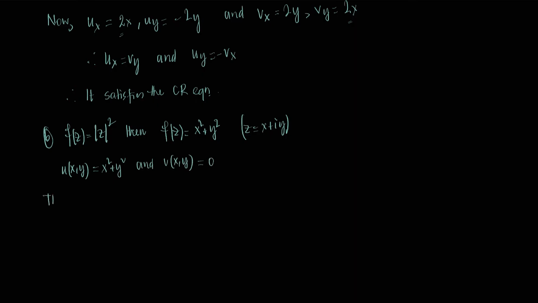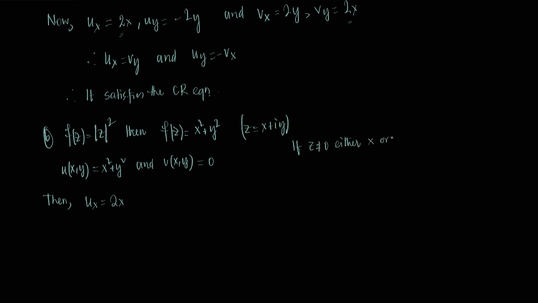Then you see what is u_x? u_x is 2x. If z is not equal to 0, either x or y or both are not 0.